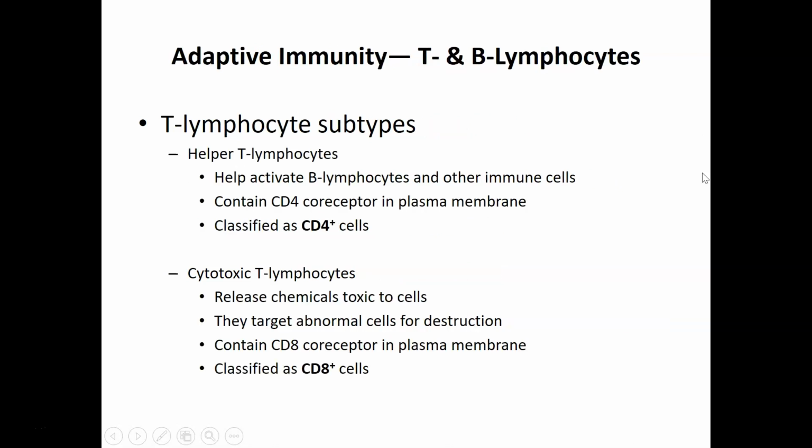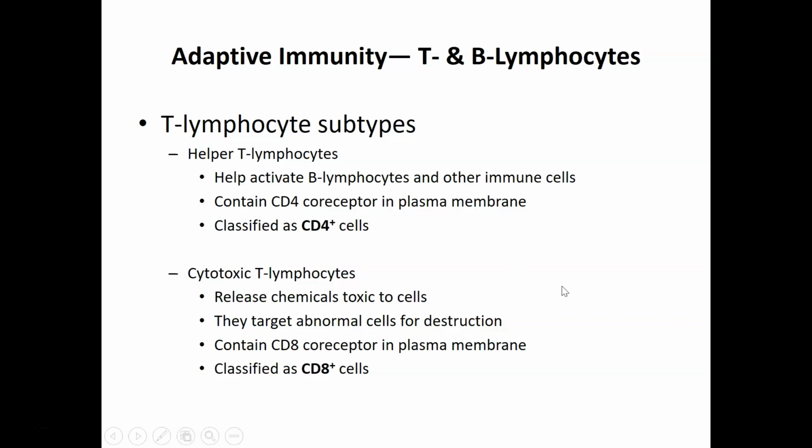The helper T cells are generally assisting the immune response, that of the B cells, that of the cytotoxic T cells, and that of the cells of the innate immune response. So the helper T cells are pumping up your immune response in general, and that's why they're called helpers. They are making your immune response even more vigorous.